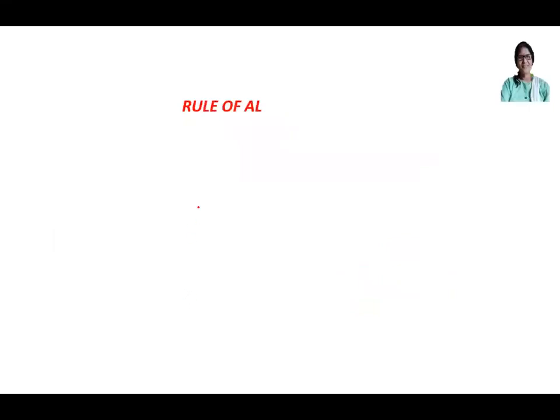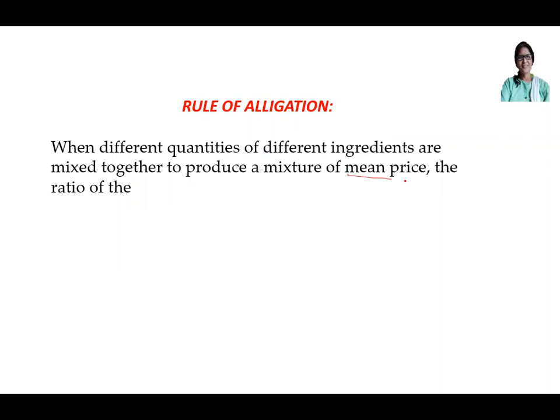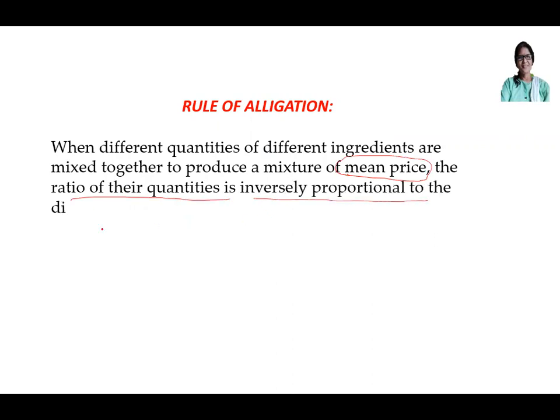So here one rule is very important. When different quantities of different ingredients are mixed together to produce a mixture of mean price given to you, then the ratio of their quantities is inversely proportional to the difference in their cost from the mean price.